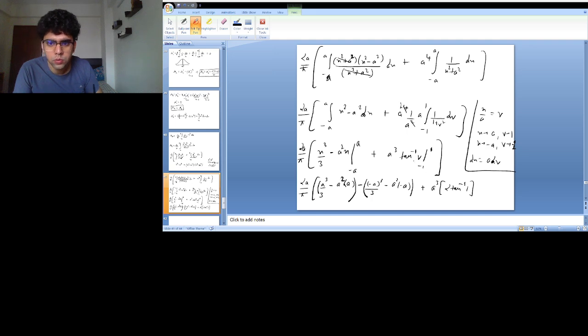Why? This was tan inverse 1 minus tan inverse minus 1, which becomes 2 tan inverse 1 because of the property that tan inverse minus x is equal to minus tan inverse x, right?